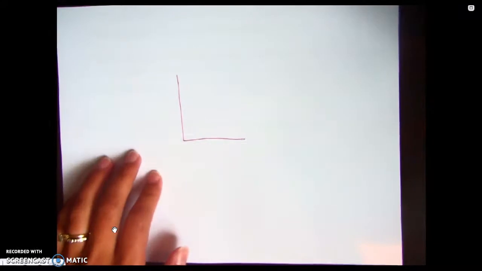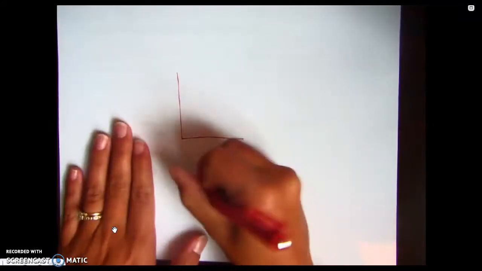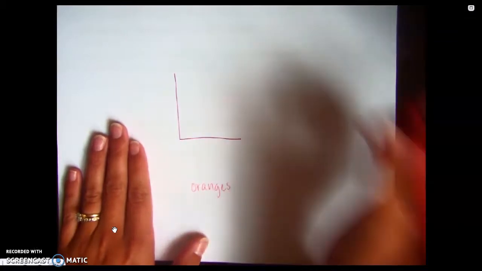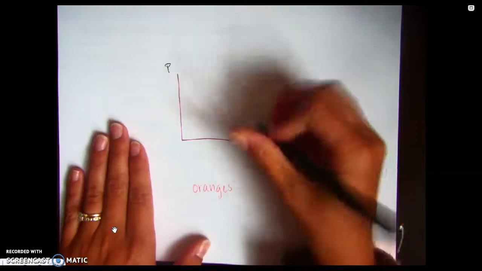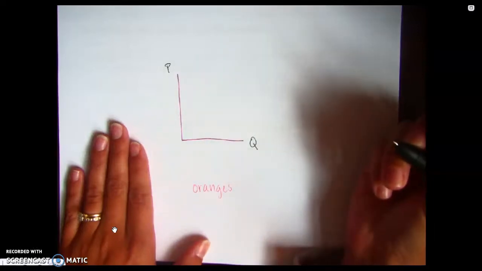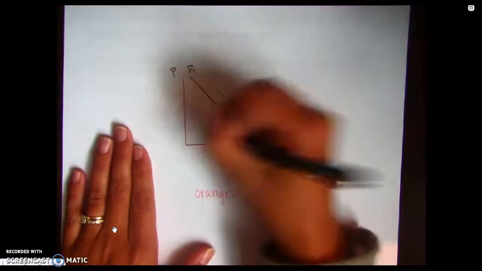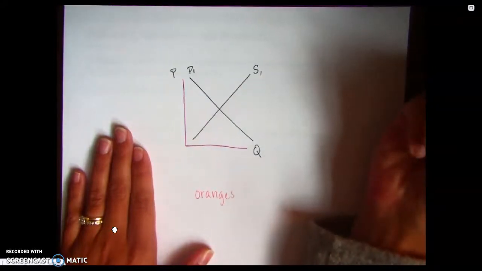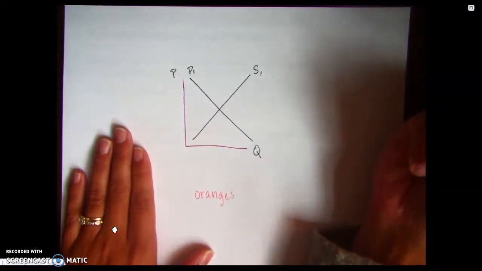And the previous one we did apples, so this time we're going to do oranges. So we're selling oranges this time. Remember that we have to label our axes, price and quantity. Draw your demand curve, label it D1, your supply curve, S1, okay?